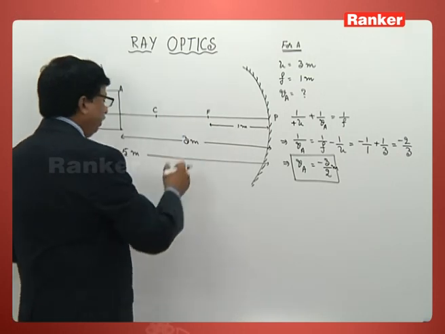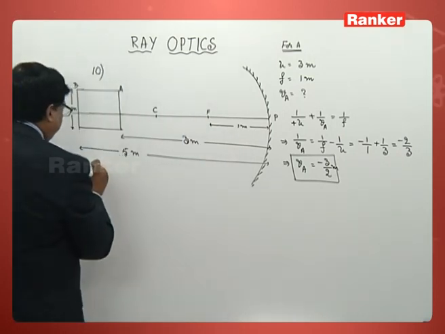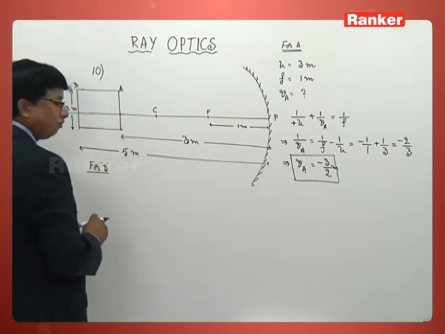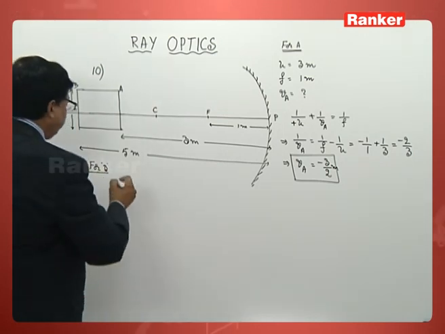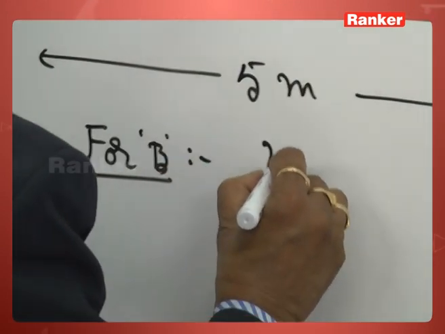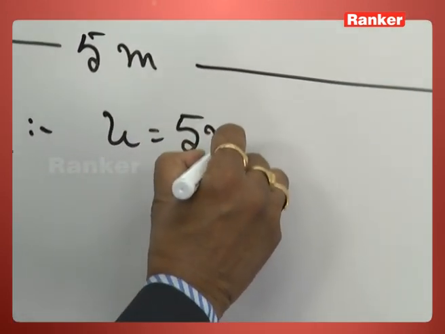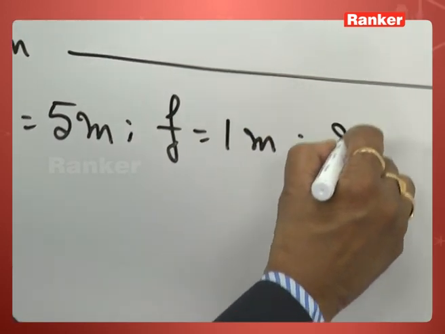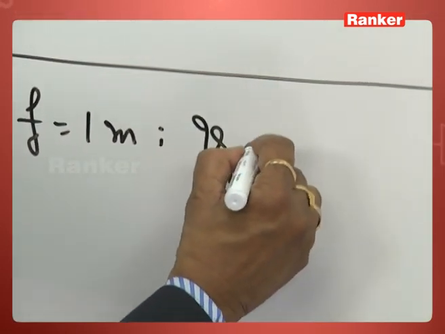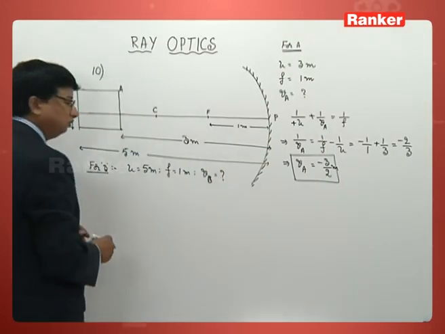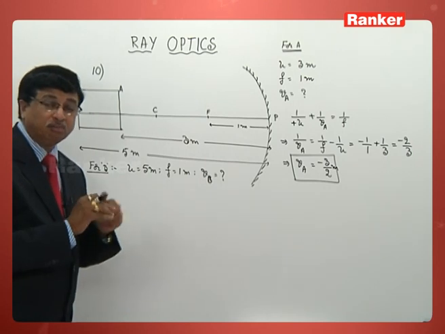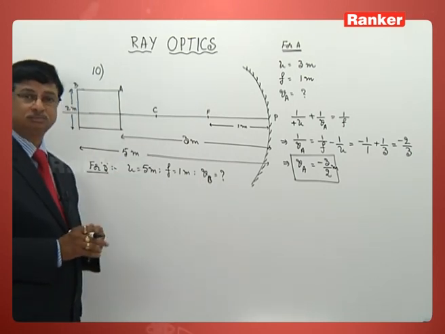Now let us write the same calculation for B. What is the distance to this object given? 5 meter. Focal length again 1 meter. What is the image distance is the question. Image distance of the second face, that is B, that's what we want.